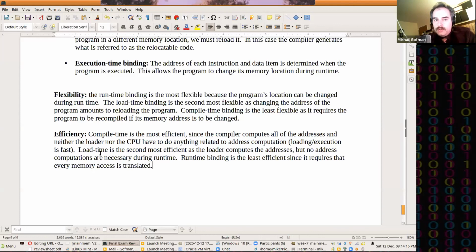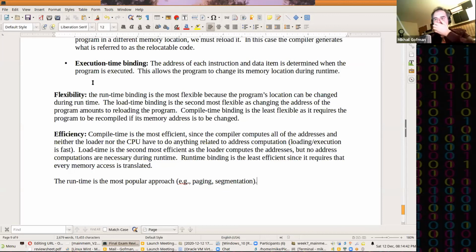Okay, so that's basically the idea. And the runtime is the most popular approach. Examples of those schemes would be paging, segmentation, and the other schemes which we learned about.